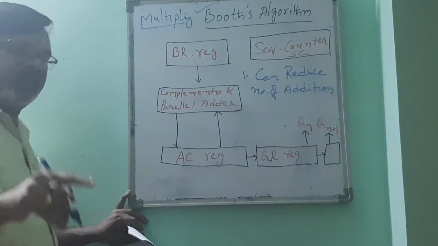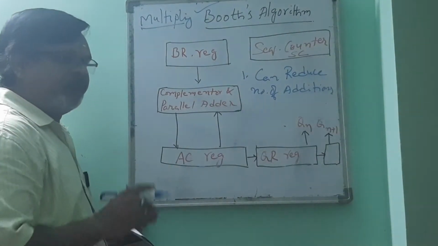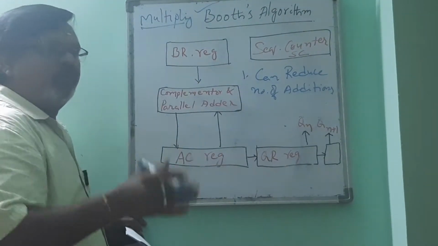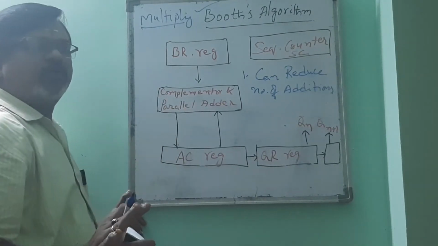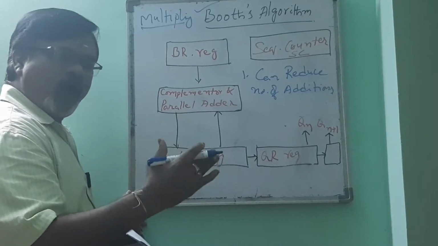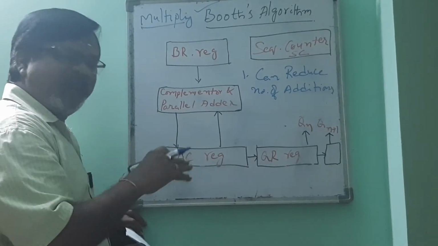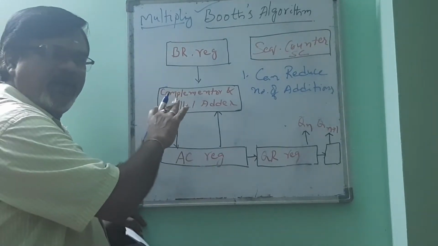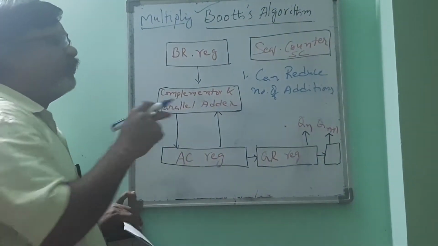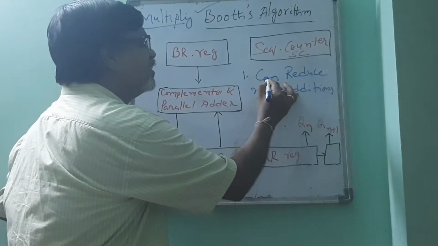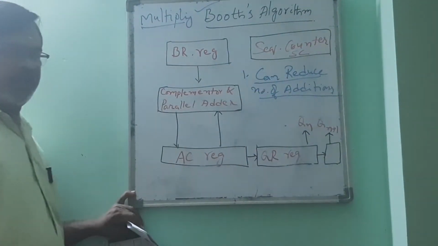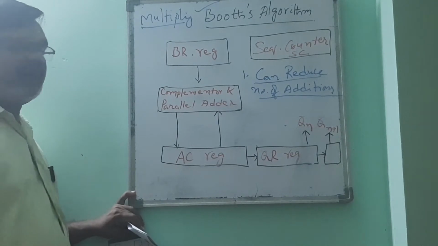Previously, if the multiplier bit is 0, we do nothing, we just shift right. If the multiplier bit is 1, then we add the multiplicand and shift right. If you compare, the number of additions can be reduced by using Booth's algorithm. That is the first advantage.